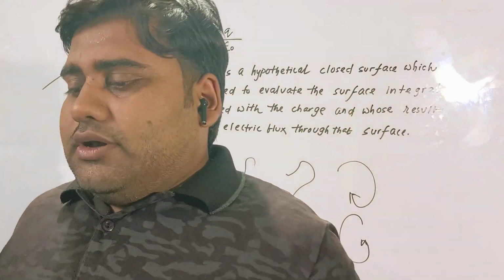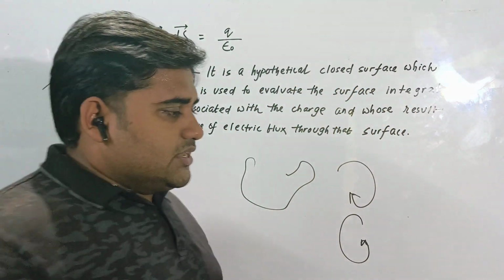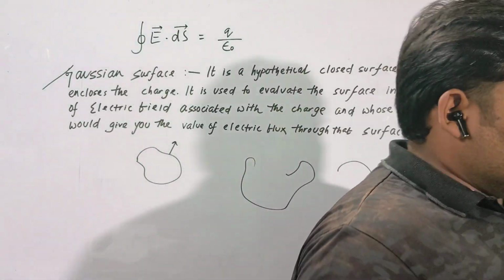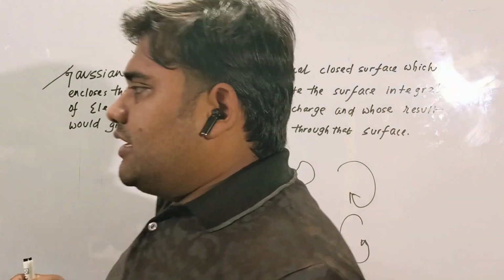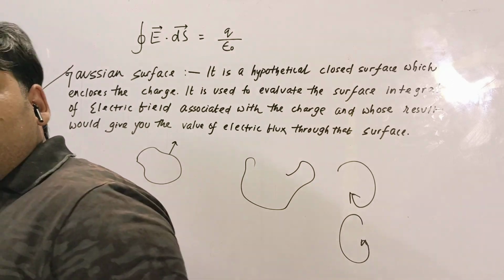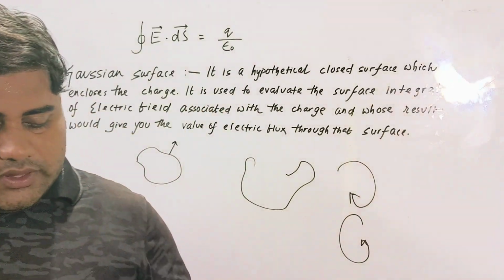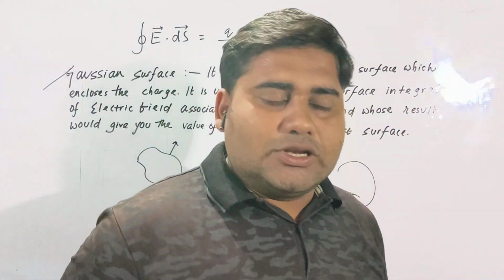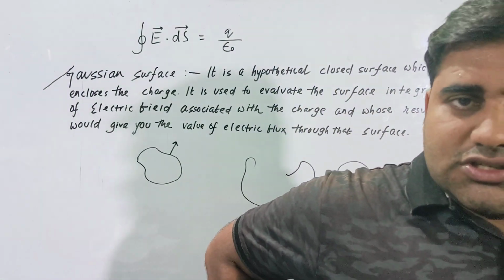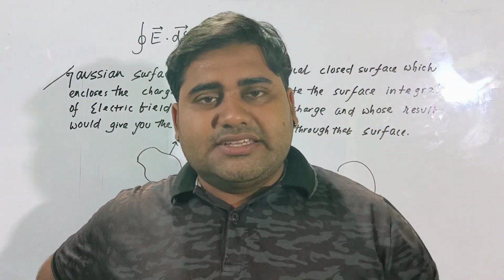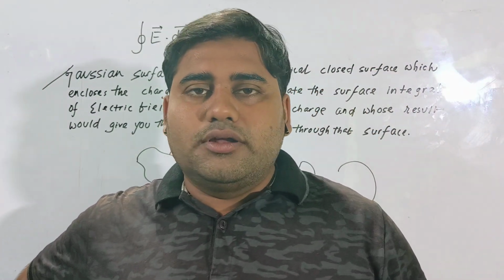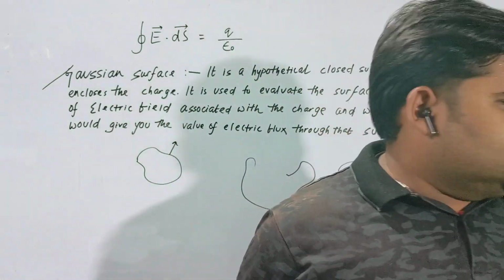Now, from the next topic which I am going to teach, you can see that you can actually derive Coulomb's law from Gauss's law. And how is that? Let us see how we are going to derive that. It is very easy.